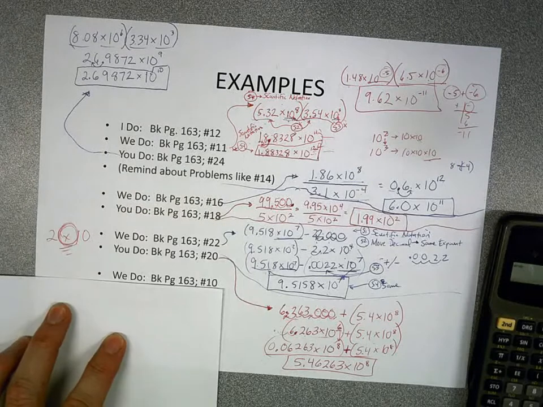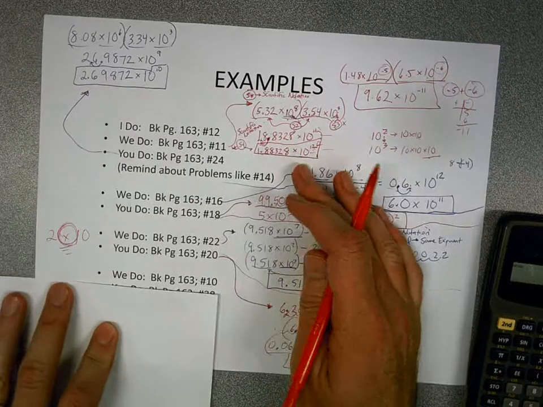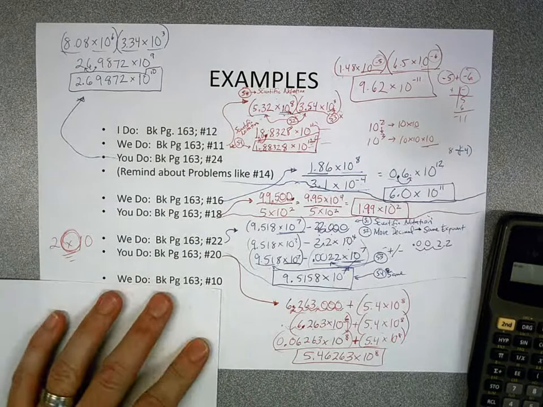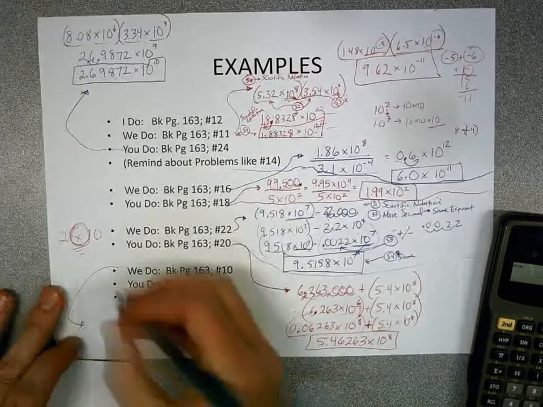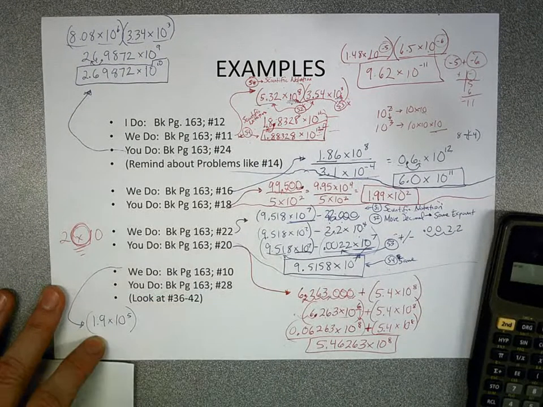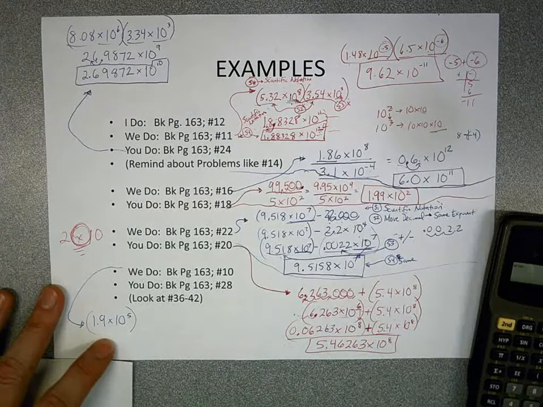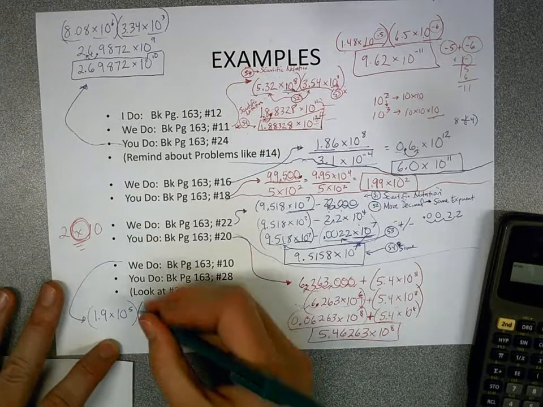So here's what we have. 1.9 times 10 to the 5th. I'm going to go ahead and do it down here. 1.9 times 10 to the 5th, multiplied with 500.